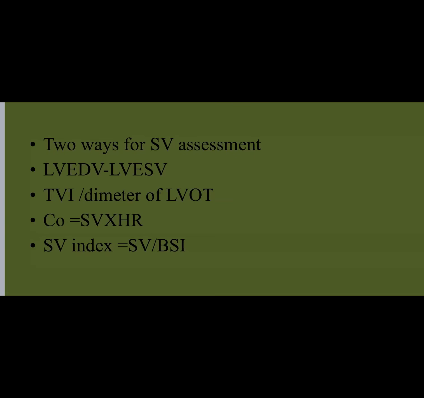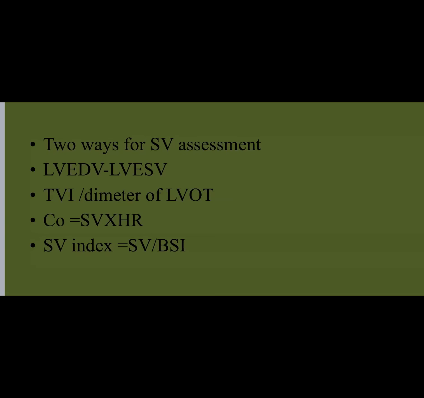And this is even more important, because the index is more reflective of how low or high or normal this stroke volume is according to your body surface area. I mean, if you are an athlete, I expect higher. If you are slim, body surface area is low, I might accept 35-40, stuff like that.